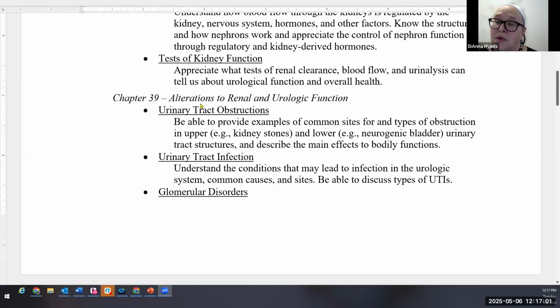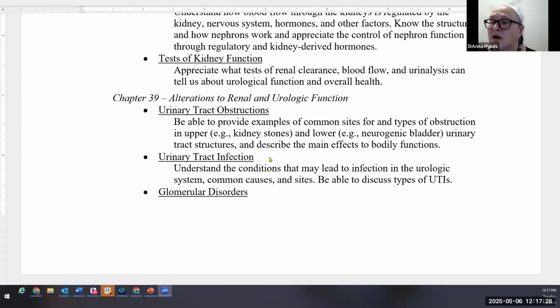Okay, and then we really are focusing on alterations to renal and urologic function. And so in doing that, we talked about things like urinary tract obstructions. So things that can obstruct the flow of urine, for instance, kidney stones, or neurogenic bladder.